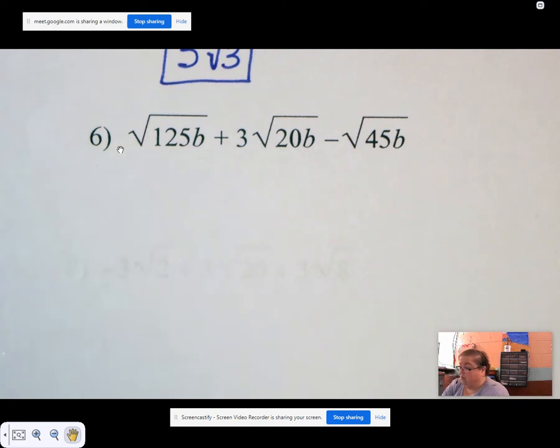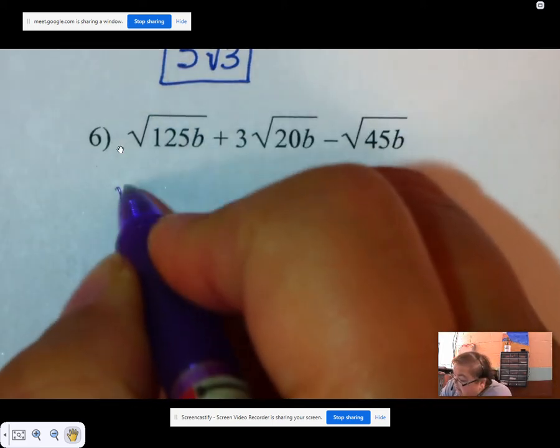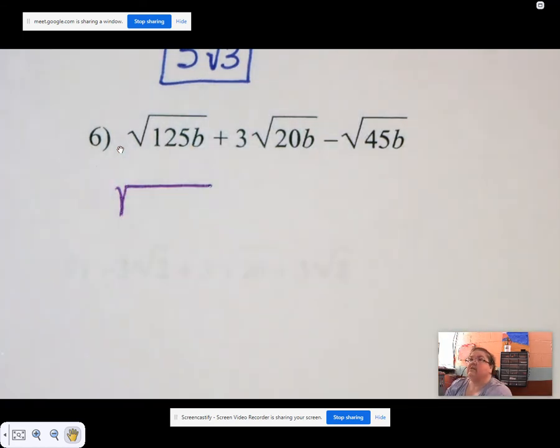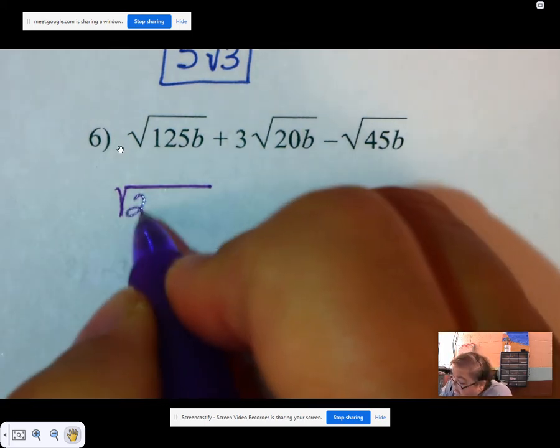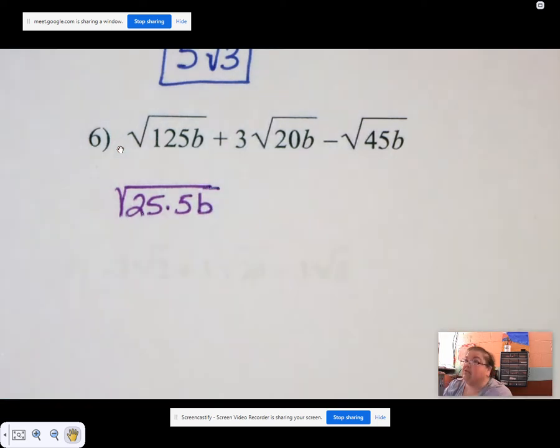So when I look at number 6, what is the perfect square in it? Find it for me, please. 25 times what? I agree. Don't forget the b. Just bring that b along for the ride.